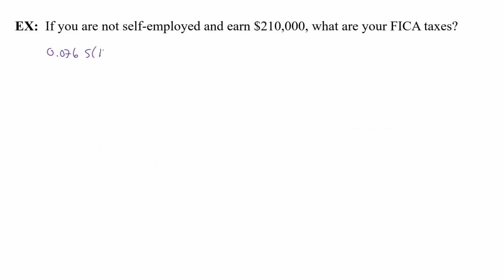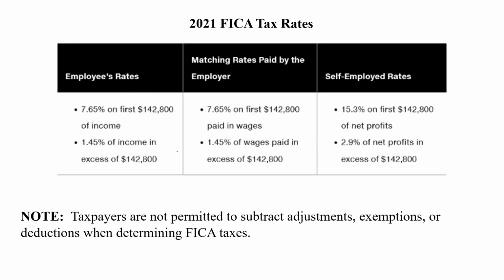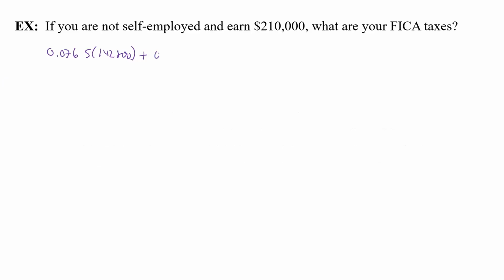0.0765 times 142,800, and then plus 1.45%. So that's going to be 0.0145 times, and now we're going to take 210,000 minus 142,800, and that will give us our value.